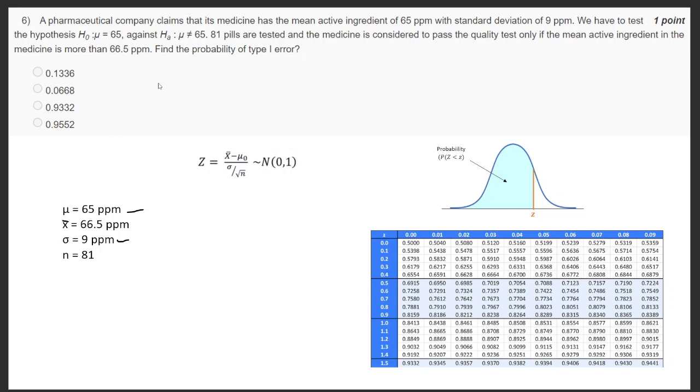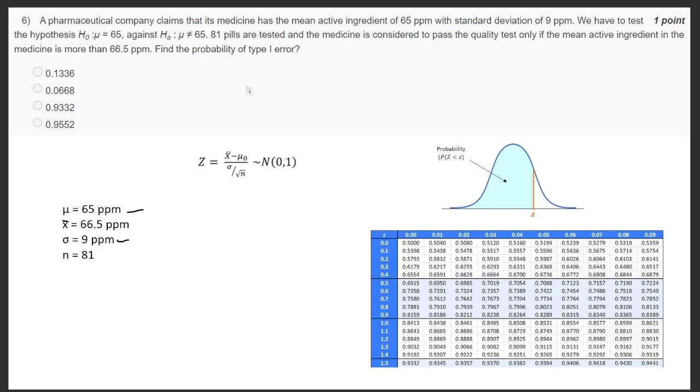If it is more than 66.5 only, we can pass the test. So what is the probability of type 1 error?